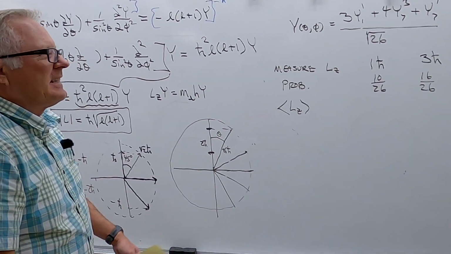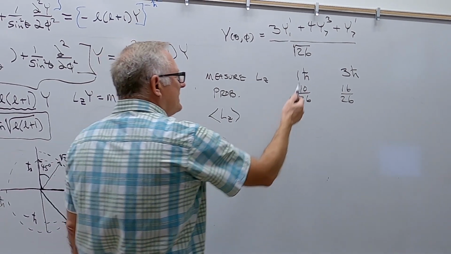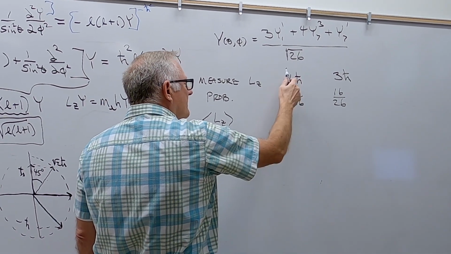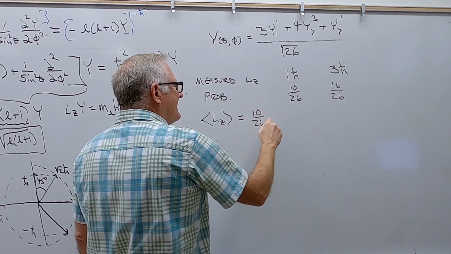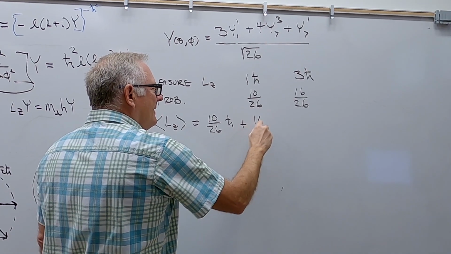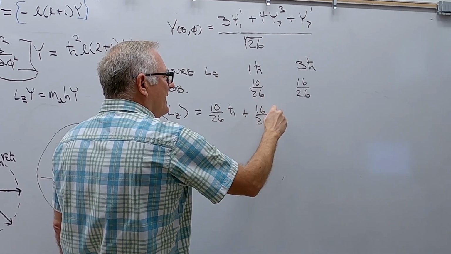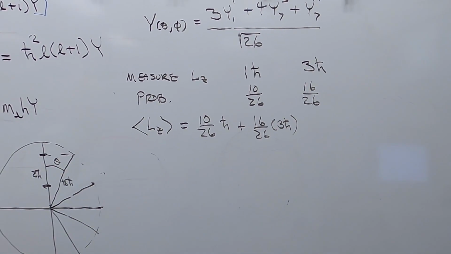Okay. So if I wanted to get the average of L sub z, I don't have to sandwich it all in and do all that stuff that we did before. Didn't we just say it was the probability times the value? So you have a probability of 10/26 of getting 1h bar, plus 16/26 probability of getting 3h bar. Okay, and so what does that give you?